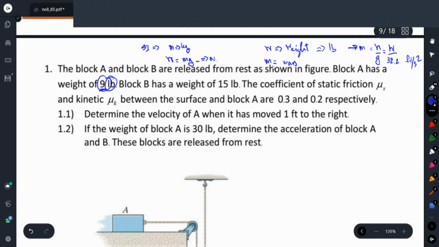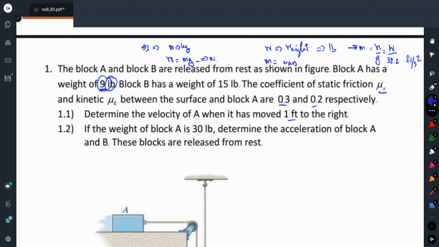And for this case, we have block B, which has a weight of 15 pounds. The coefficient of static friction, mu s, is given as 0.3, and the kinetic friction is equal to 0.2. We would like to find the velocity of block A when it moves 1 foot to the right.